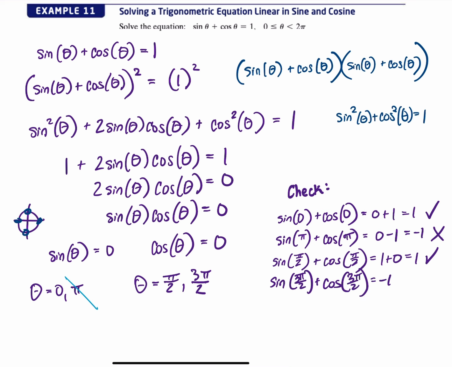This is negative 1 plus 0, which is negative 1, so we can't have that result either. So we got to throw out 2 of our solutions here. So we can just say that theta will equal 0 or pi over 2.